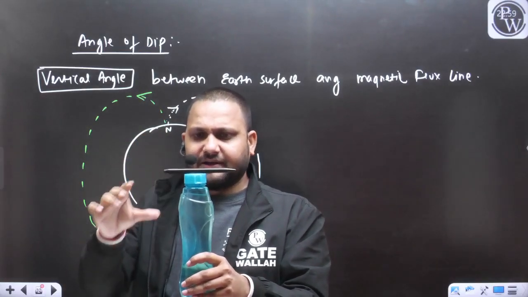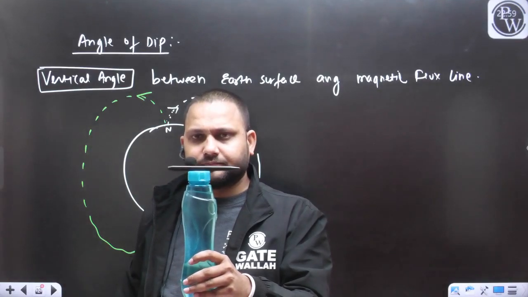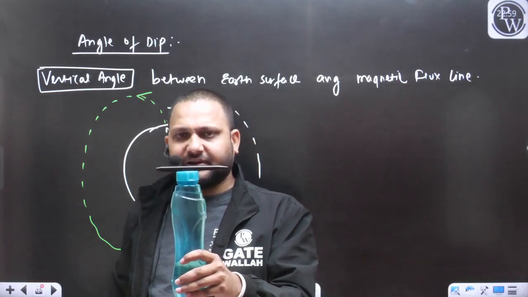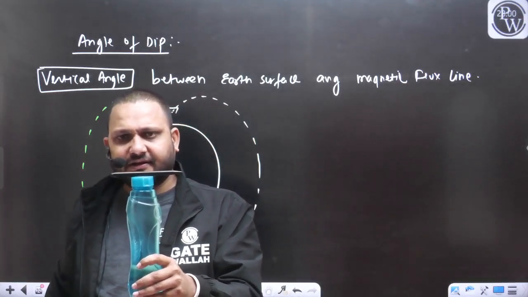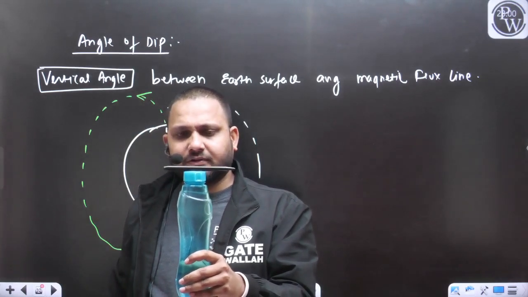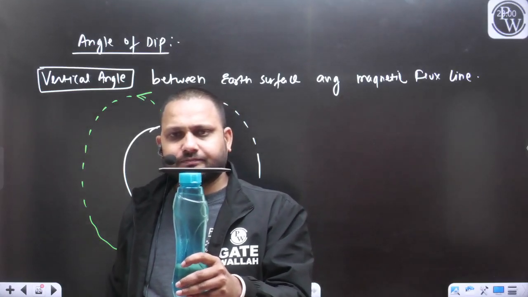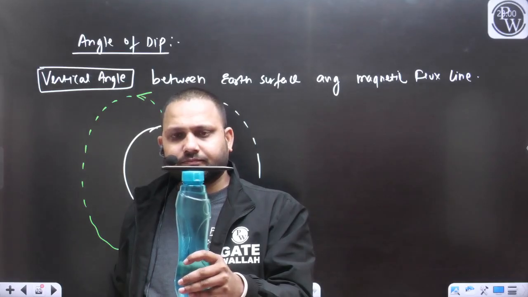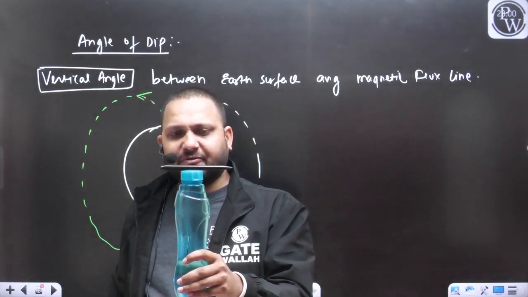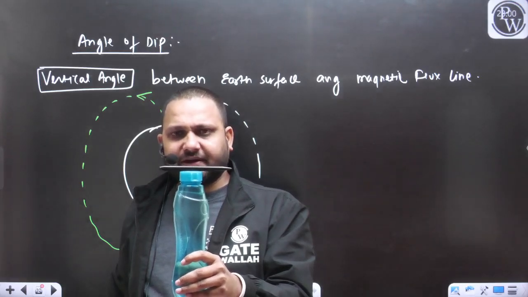Can I represent this line as the earth surface, yes or no? Tell me in the chat box. At the north pole, this should be the earth surface. Everyone please confirm. In this way, can we represent the earth surface?